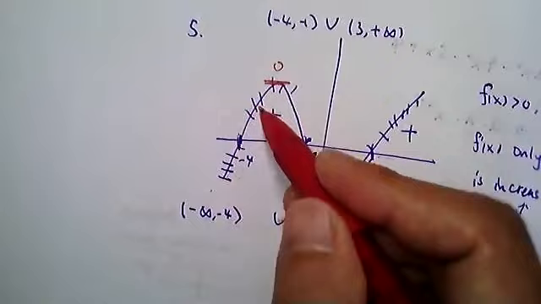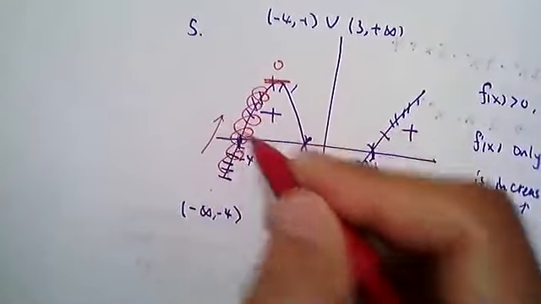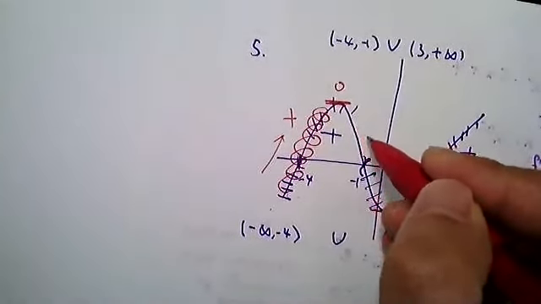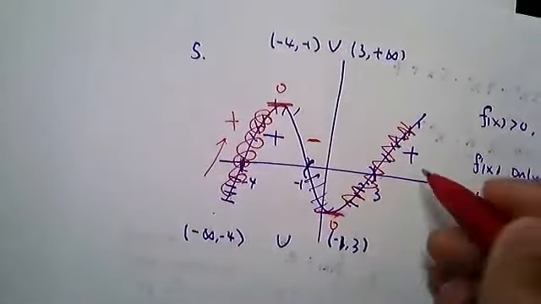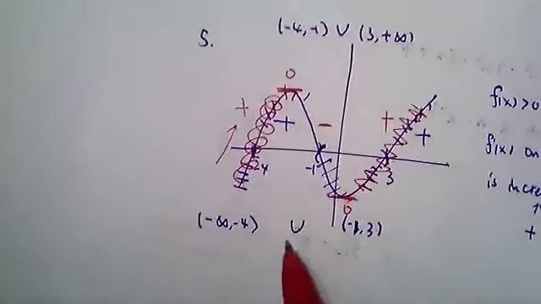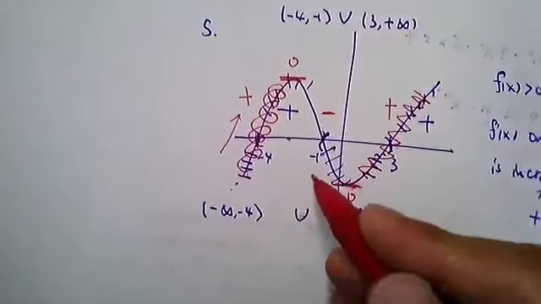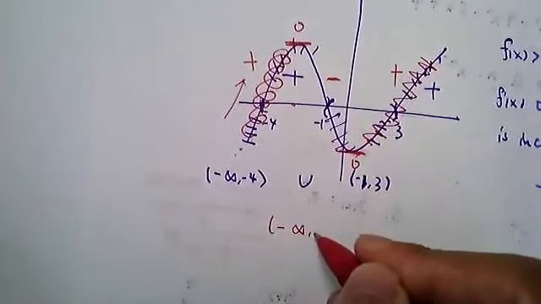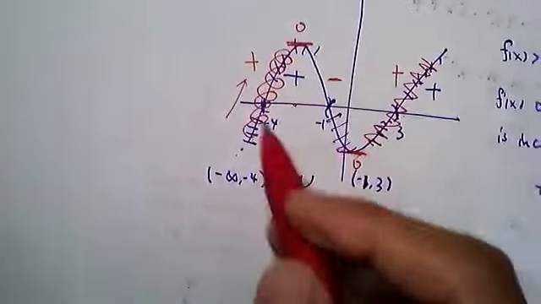And this piece is increasing. So everything on this side is positive. This piece is decreasing, so negative, and again increasing on this piece. Everything on this side is positive. So you can just write the interval from here to here is increasing, which gives you negative infinity to -3, this piece.